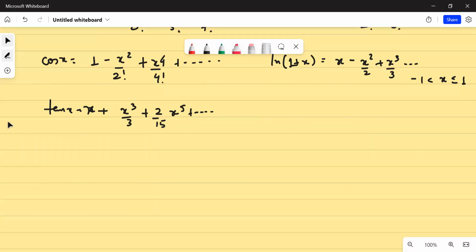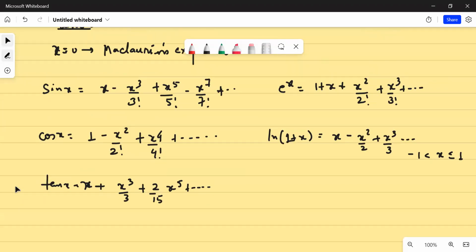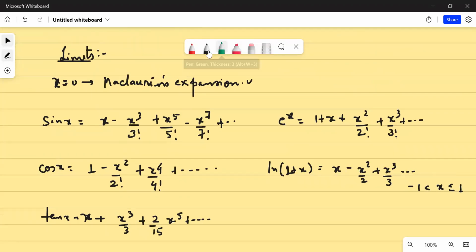That would be fine, to use it in continuity. Okay. So I'll do one more thing, and this is one of those tools which you can use in your exam. First, let us do a few more things and then I'll move ahead with the other things. So this is Maclaurin's expansion. This is one of the tools which may be handy for your examination.